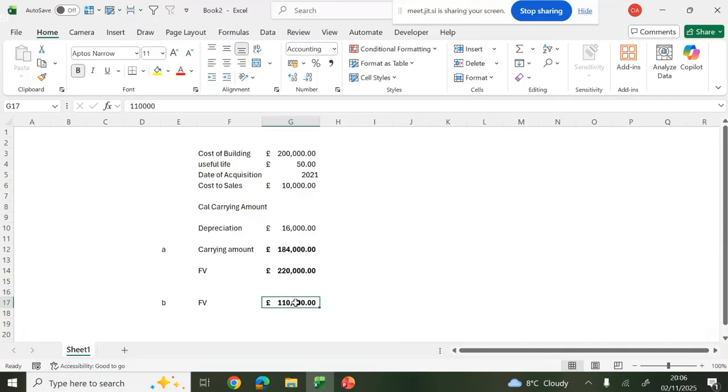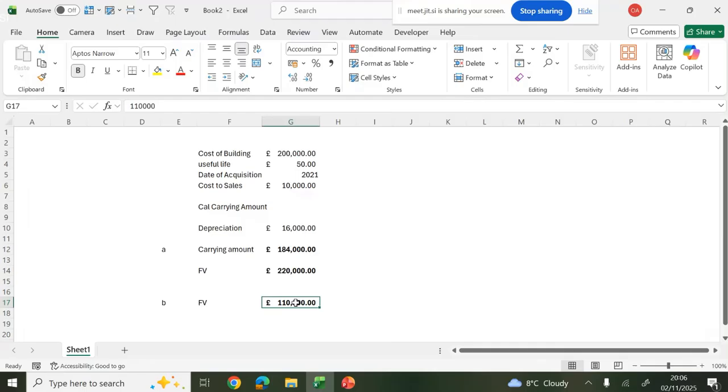For B, we have impairment loss. How much is our impairment loss for B? It's 74. That's if you are using 180 as a carrying amount. Yeah, 74, right?